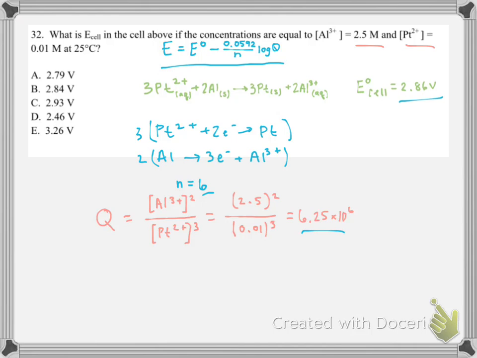So we'll have E cell equal to the 2.86 minus 0.0592 divided by 6 times the log of 6.25 times 10 to the 6th.